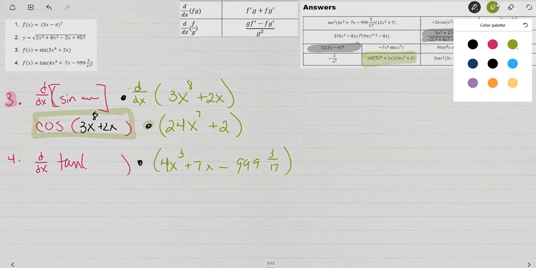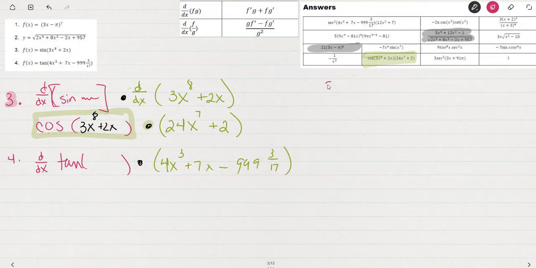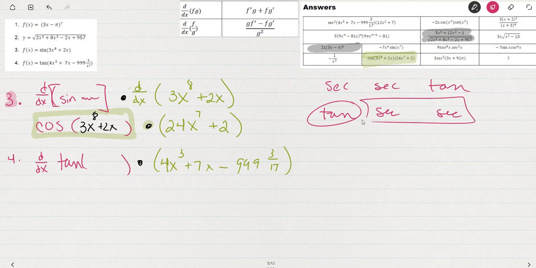The derivative of tangent. Oh, how do I remember that? You know what? I'm going to think secant, tangent. Now you actually write that down. And if I write it backwards, I get tangent, secant. The derivative of tangent is secant squared.